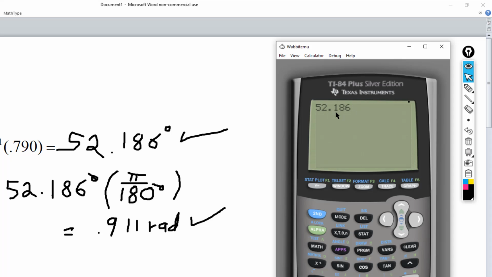Now if they want the answer in degrees, minutes, and seconds, go over here in your calculator to the second key, then apps, and then in blue you see angle. Hit that key, and then number 4 is DMS, degrees, minutes, and seconds. So hit enter, or hit number 4. Now it's going to convert this to degrees, minutes, and seconds, so hit enter.